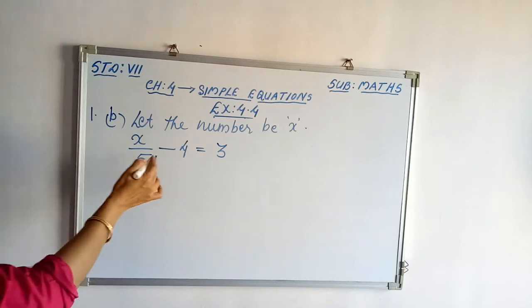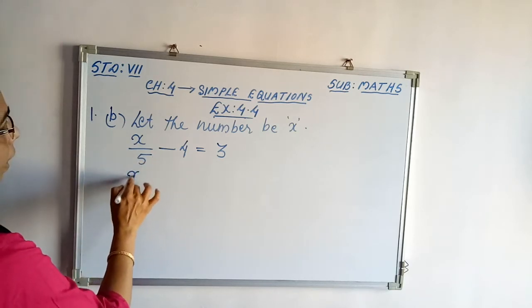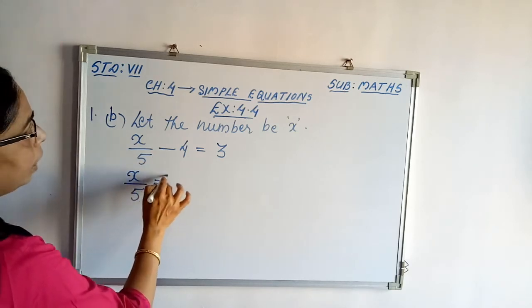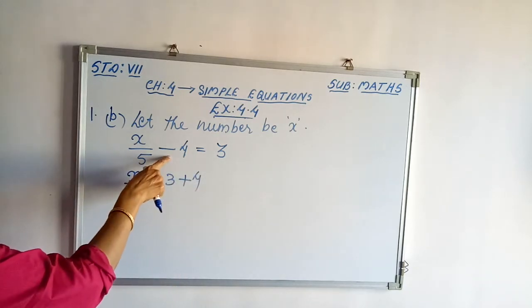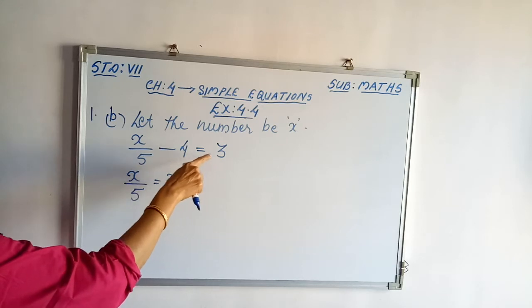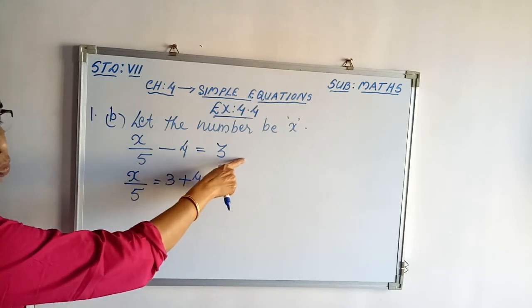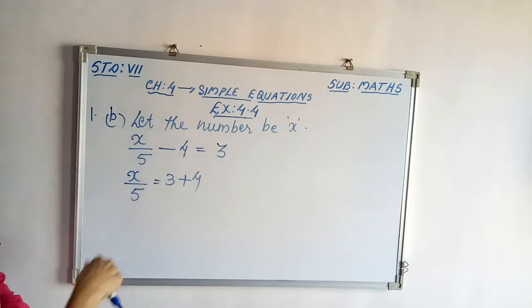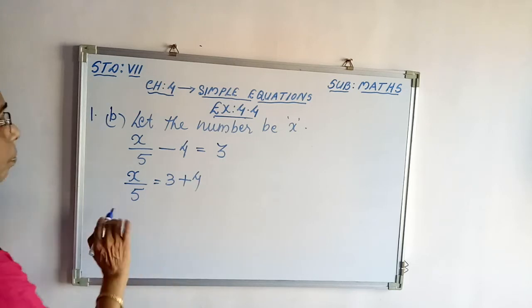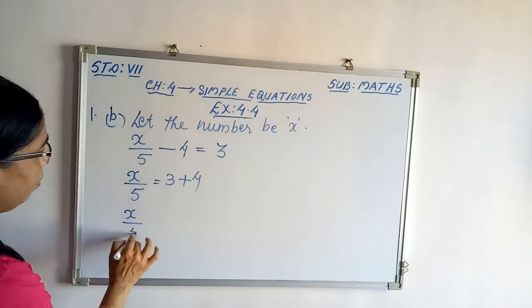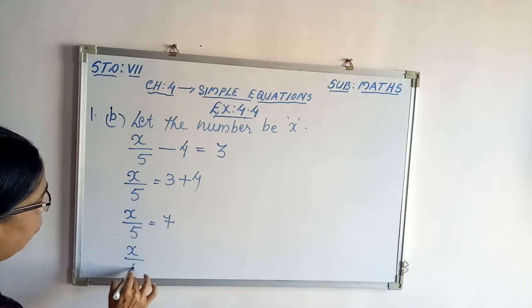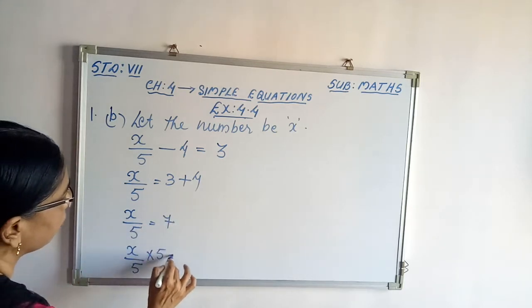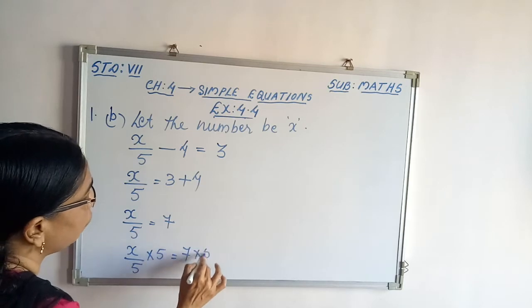Now, we can solve this. x upon 5 is equal to 3 plus 4. What did I do? Transposing minus 4 to the right hand side, it becomes plus 4. So x upon 5 is equal to 7. Then x upon 5 into 5, 7 into 5.